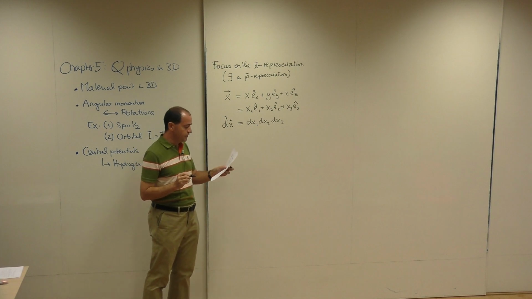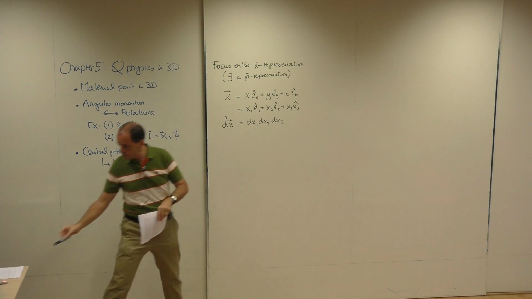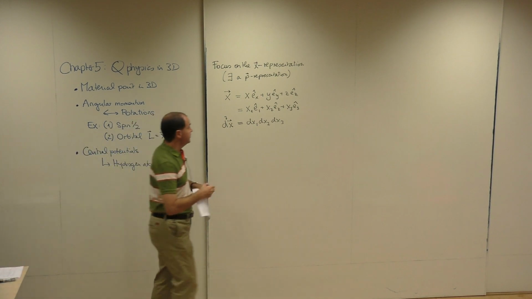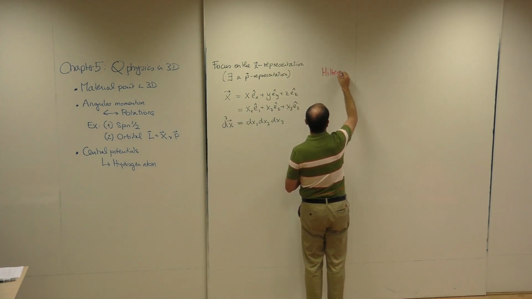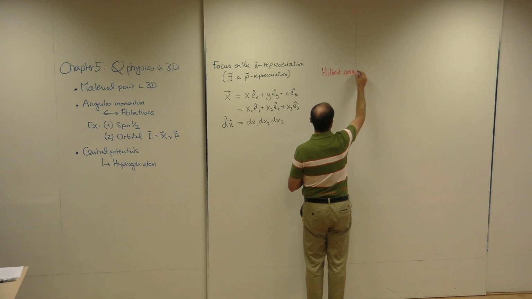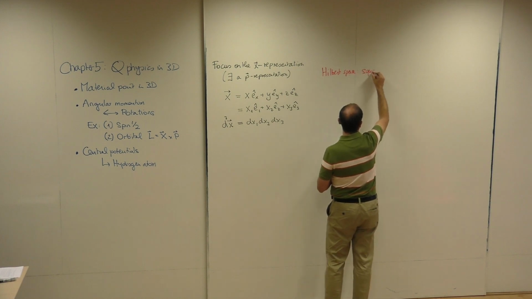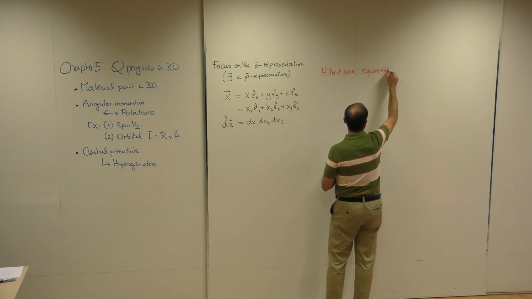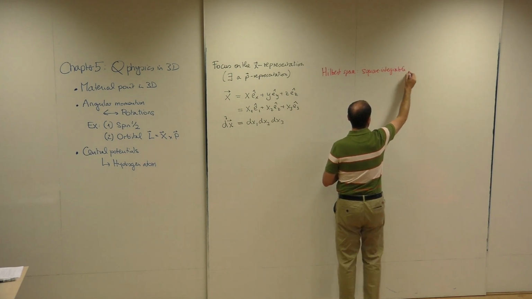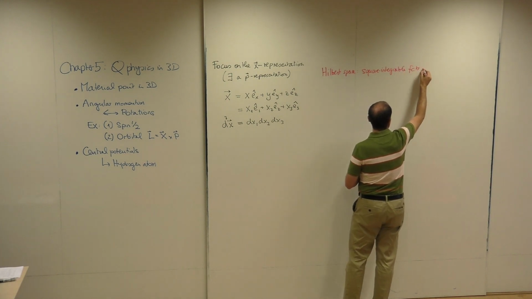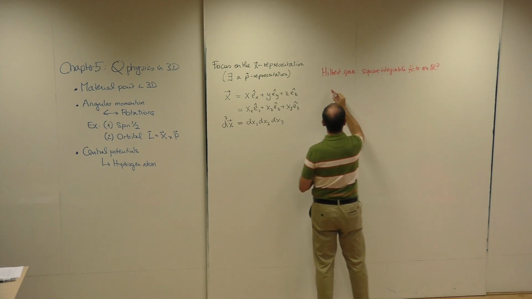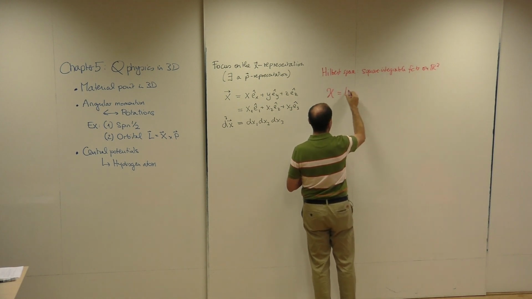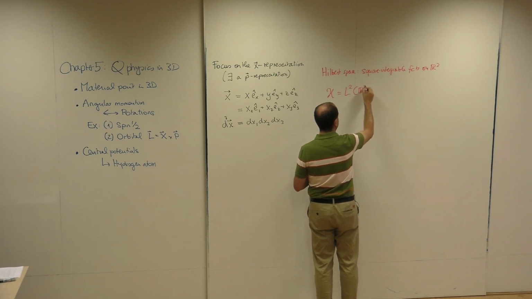Now let's see what the Hilbert space and operators are. So the Hilbert space, well, guess what it is? It is the square integrable functions on R3. So the Hilbert space is denoted L2, this time of R3.